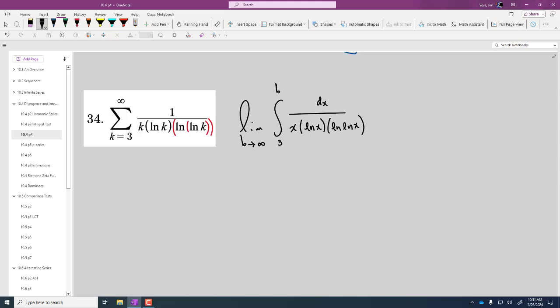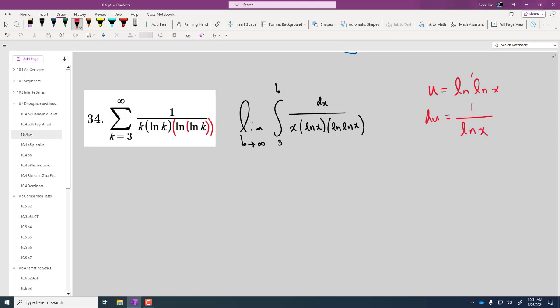And what do you think we should let u be? ln x. ln of x is not a bad guess because its derivative is present, but we want to let u be the most complex part that has a derivative that's present. So if we let u be the ln of x, look at what happens. Then the whole denominator is going to be spoken for. So the derivative here is 1 over the inside.